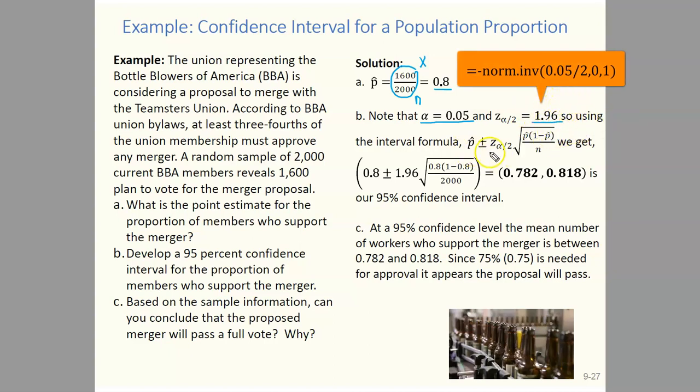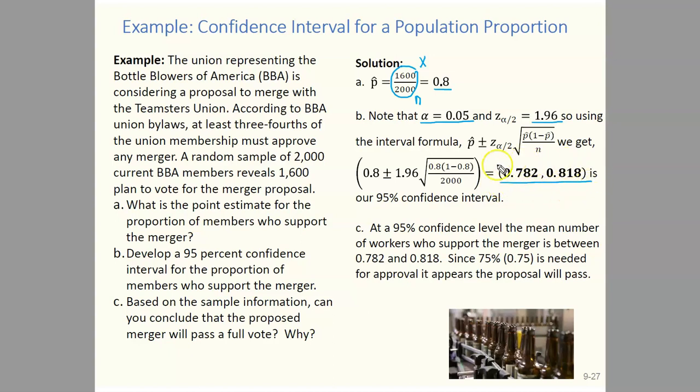So we need to use this formula, p hat plus and minus z alpha over 2 times the square root of p hat times 1 minus p hat over n, where p hat is our point estimate. So plugging all of our information into this formula right here, we get 0.8, that's p hat, plus and minus 1.96, that's z alpha over 2, times the square root of 0.8 times 1 minus 0.8 divided by 2000, and if you evaluate both of these numbers with the plus and minus, you get this as your interval.